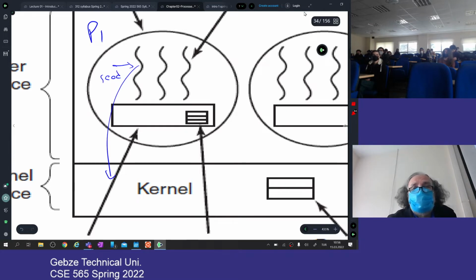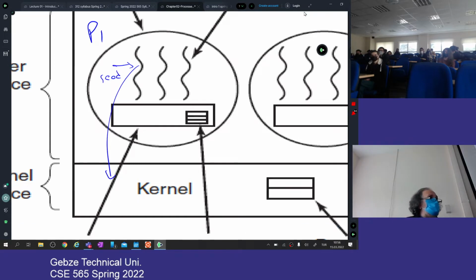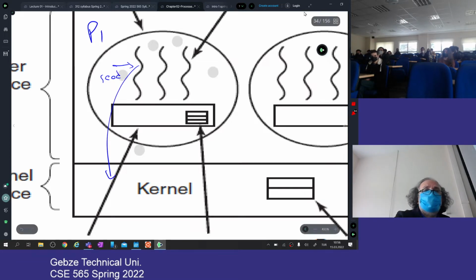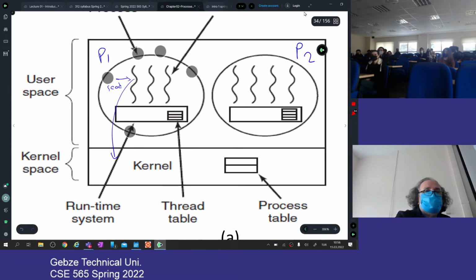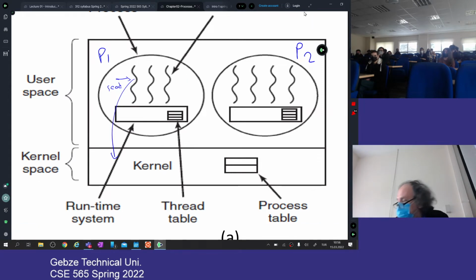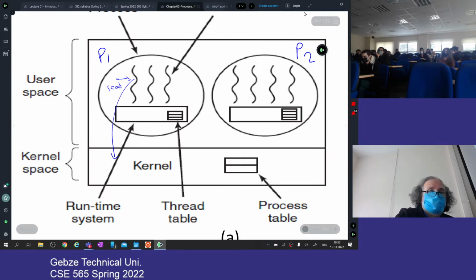This thread and this thread are ready to run. They can use the CPU because they have things to do. But the kernel will block me because it thinks there is a single thread running inside this process, and it just needs data from the disk, and the data is not ready, so I'm going to block this process.